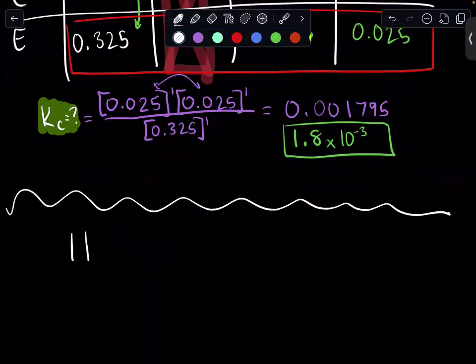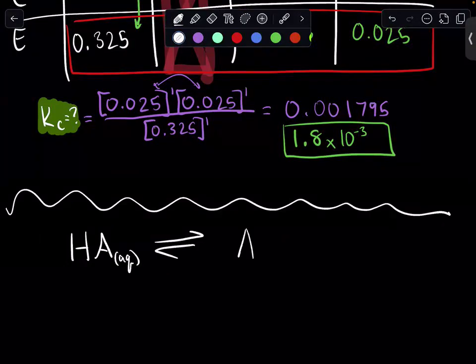Let's assume that we have some acid, HA, and in water, that acid dissociates into A minus, the conjugate base, plus H plus, its proton. This is all aqueous, of course. So how do we actually figure out what happens if we have a known Kc?